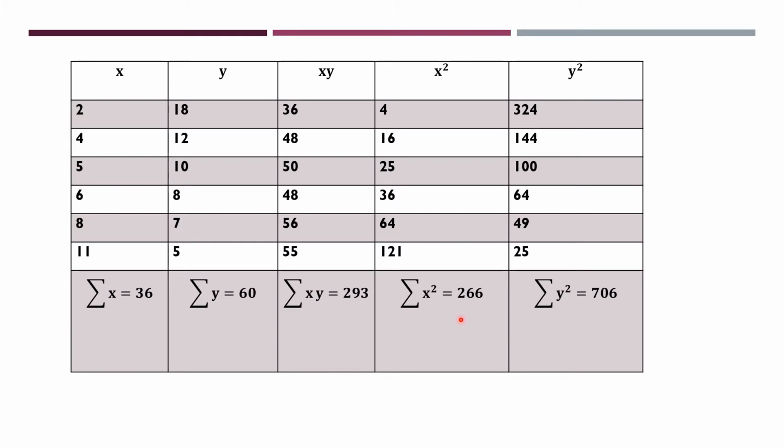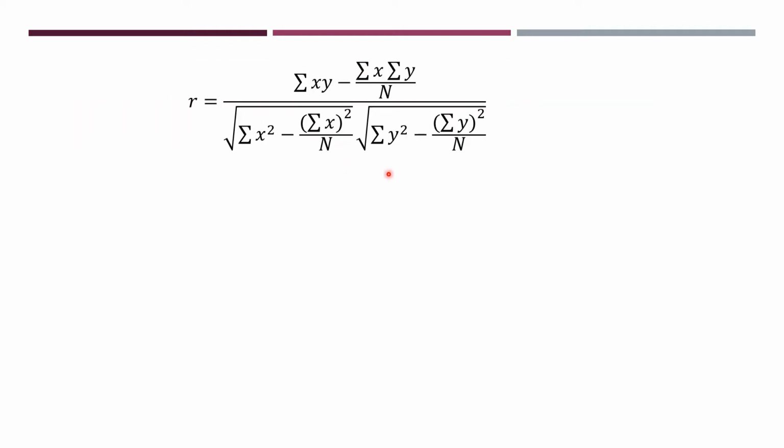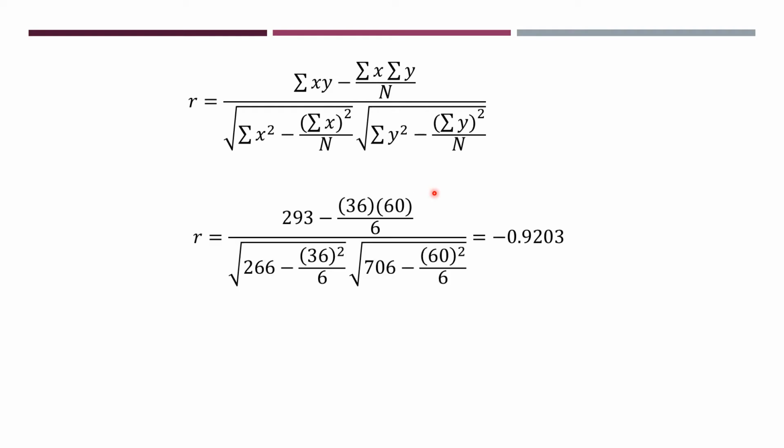Now substituting all these values in the formula for r: summation xy we got 293, summation x 36, summation y 60, n is equal to the number of data given, that is 6, and then summation x square 266, summation y square 706. Substituting everything and simplifying using a calculator, we get the answer as minus 0.9203. So there is a negative correlation and the value of r lies between minus 1 and plus 1.